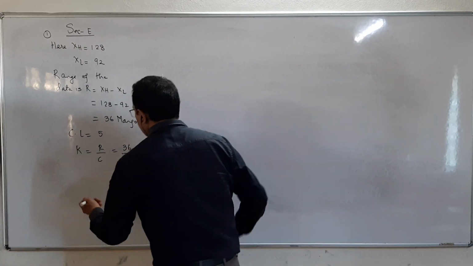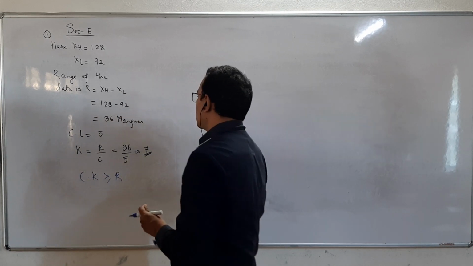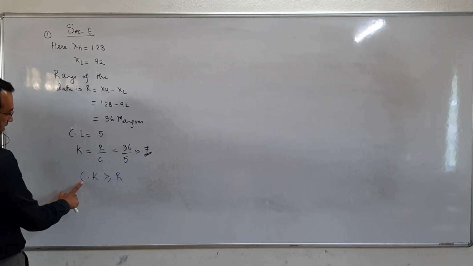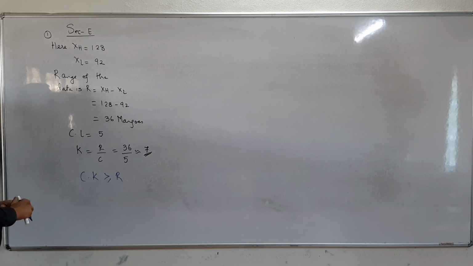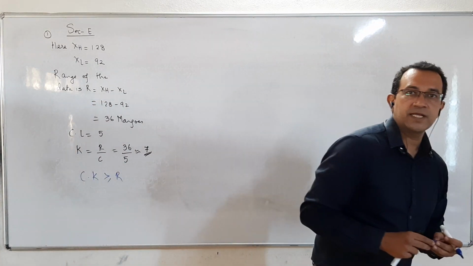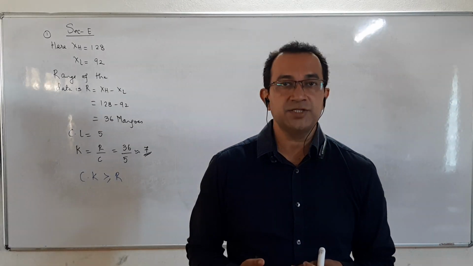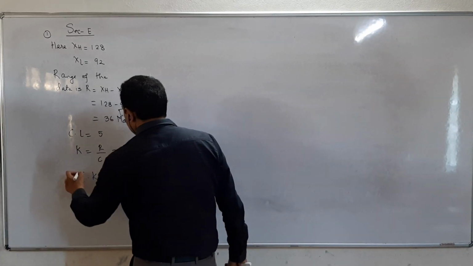This C into K must be greater than or equal to R. Now see, if I take class length as 5 and number of classes as 7, then 7 into 5 is 35, and 35 is not greater than 36. So students, instead of taking 7 classes, I will take 8. Always this relation must be satisfied.